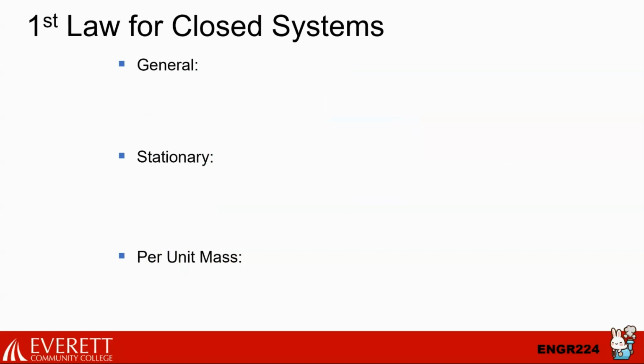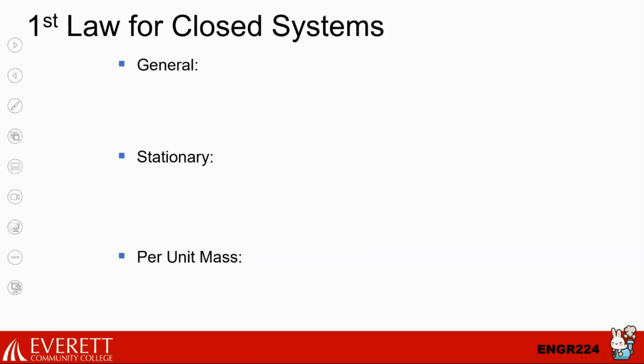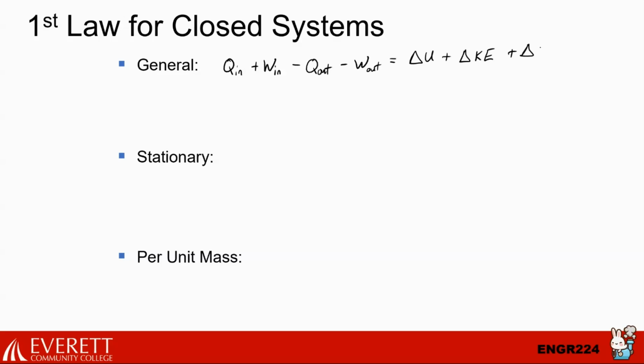Okay, so again, this is just a review component for first law. So I do expect that you start with things here. So again, just a refresher. So for the general case, it's Q in, work in, Q out, work out, and that's equal to your change in internal energy of the system, kinetic energy of the system, and potential energy.